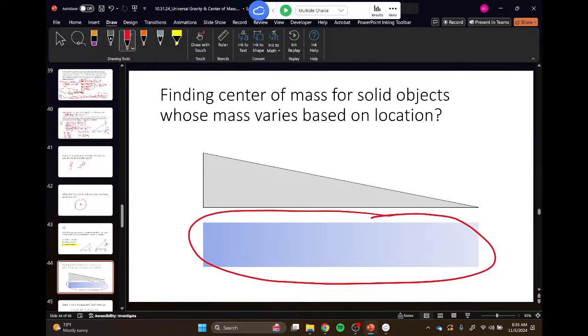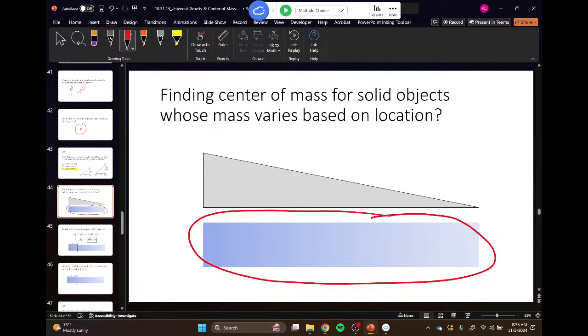I'll give you all 10 seconds to see if you can figure out, this is just a foreshadowing of things to come. What is the word for how your mass changes based on where you're located?